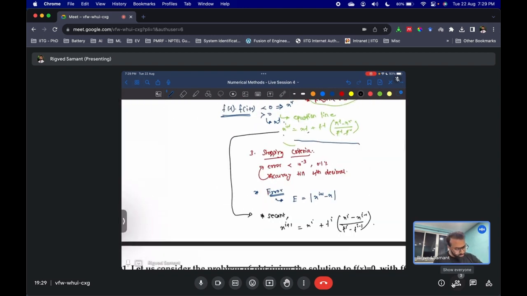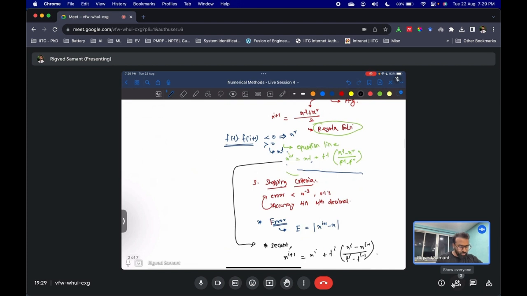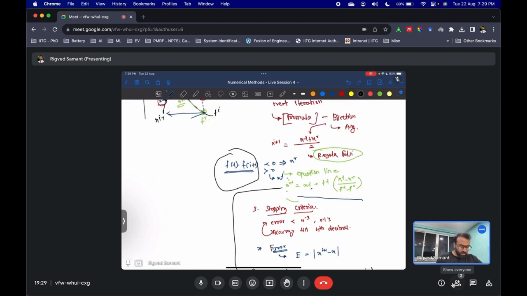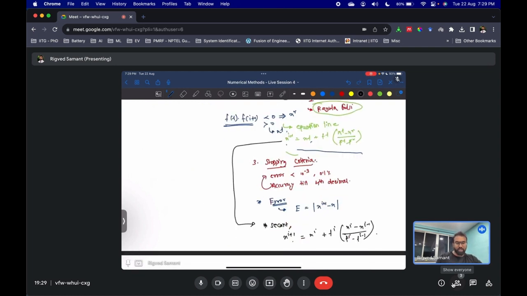So the equation stays the same. Whatever answer you get, you will not check for this criterion, so you will always choose the current iteration.